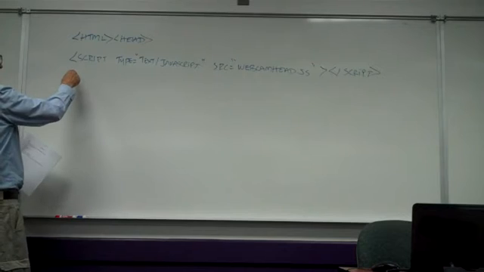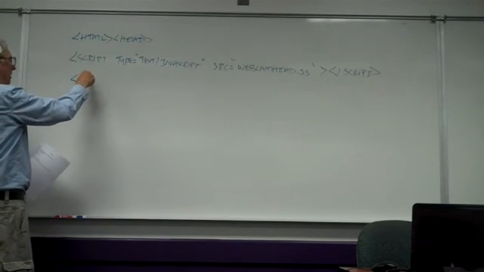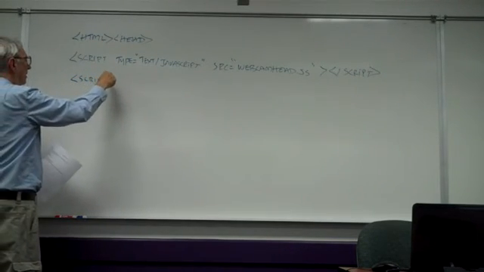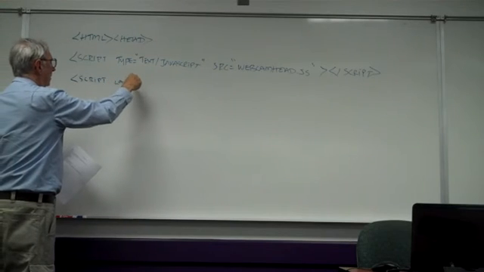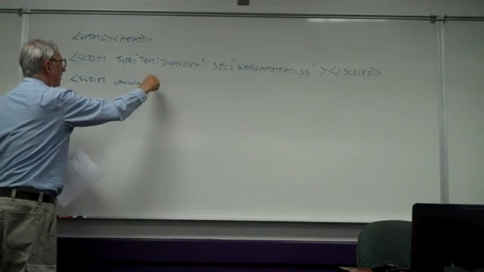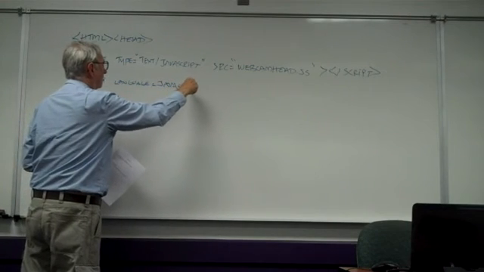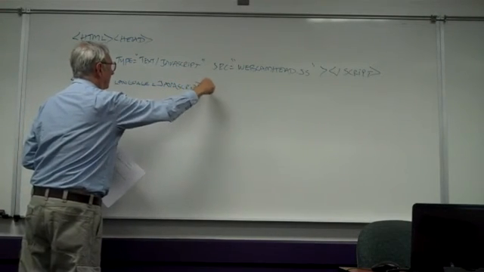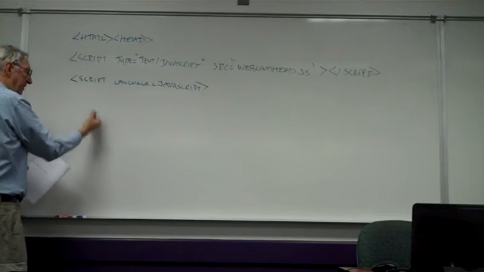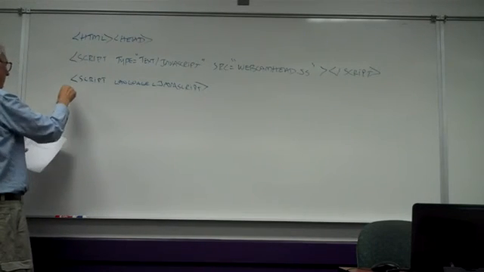Next thing I'm going to make the script language equal JavaScript, because I'm going to write some code. I'm not going to write any actual code. What I'm going to write is some variable names. One of them is going to be box left.